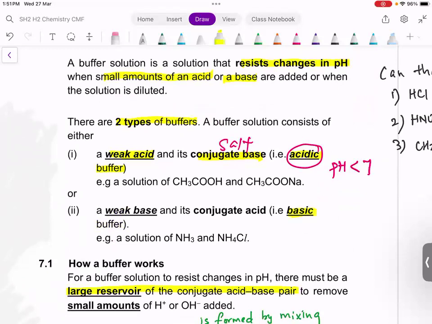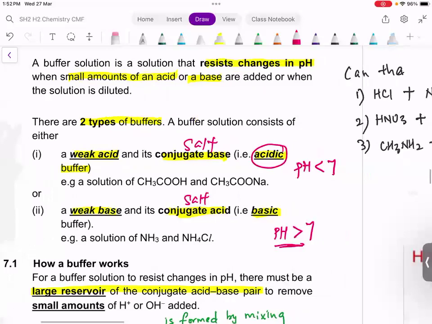A basic buffer, of course, will try to maintain a pH value more than 7. So I can make a buffer involving a weak base and its conjugate acid or the salt. When I have the weak base and the salt, it will help me maintain a pH value of 8 or 9, for example, depending on the purpose.